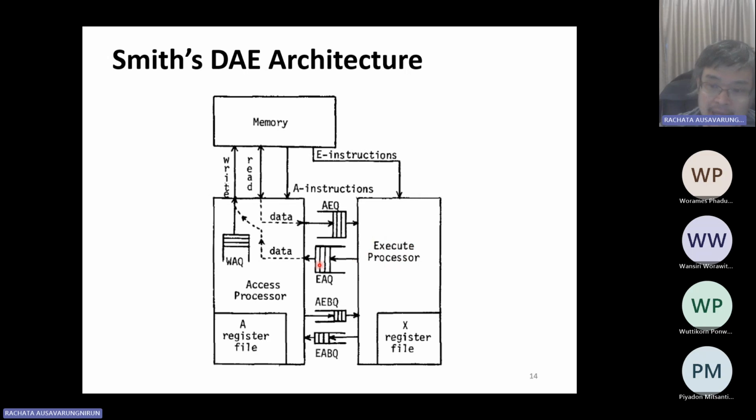Once I'm done, I send it back, write the data back. So you have the write queue, you have the execute to access queue, you have the access to execute queue. There's a synchronization between the two queues, right? And these are there to, again, become a barrier and synchronization between the two streams of instructions.